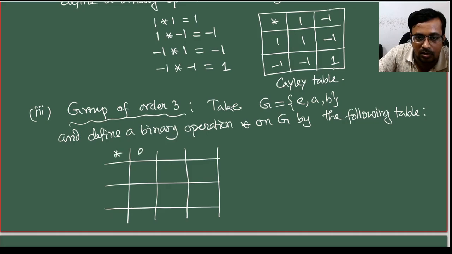So star, E, A, B along the top and side; you define the rows to be E A B, A B E, and B E A.